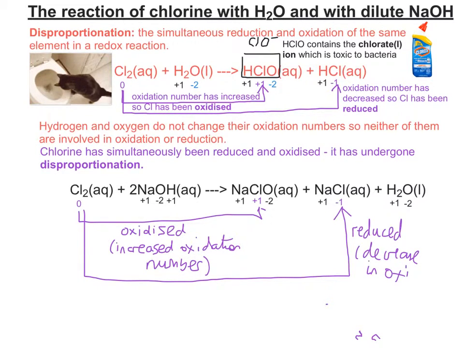So this is an example of disproportionation again. So we can say that chlorine has disproportionated.